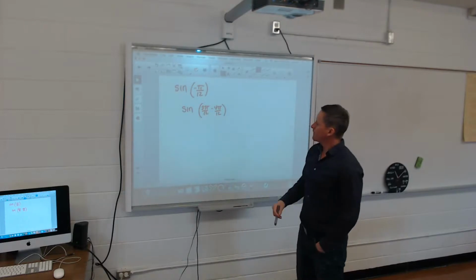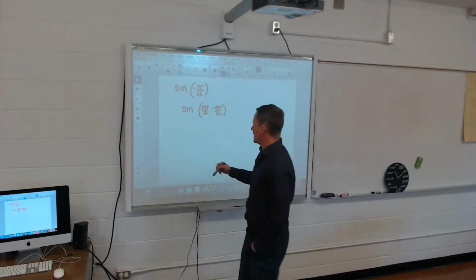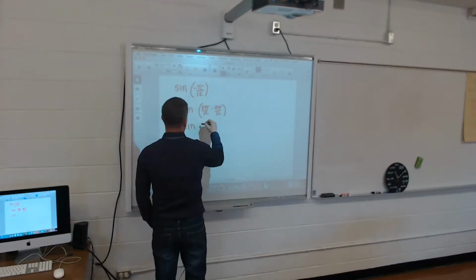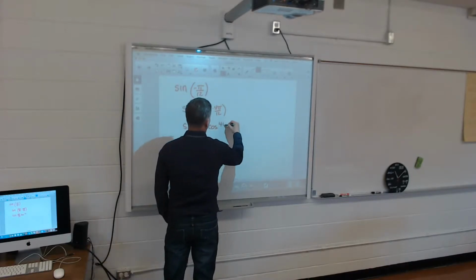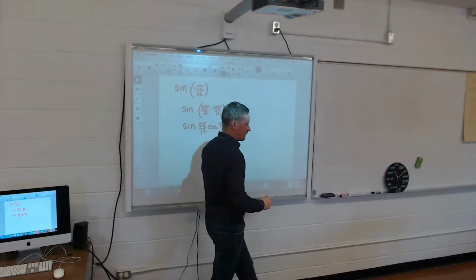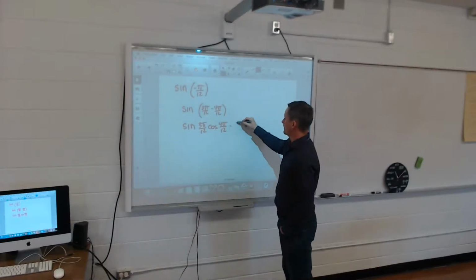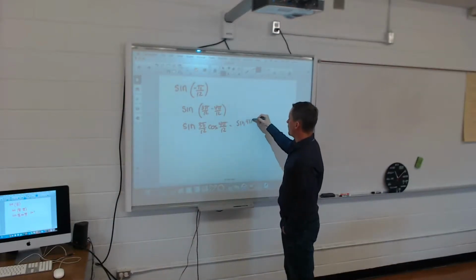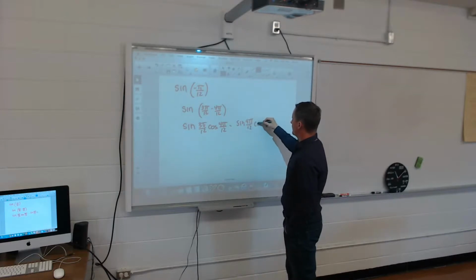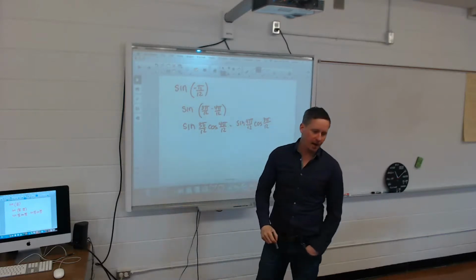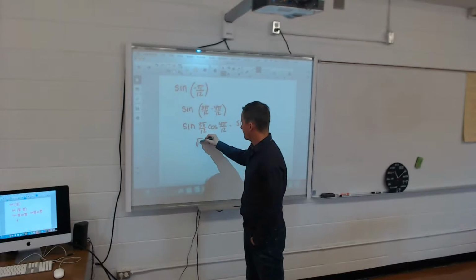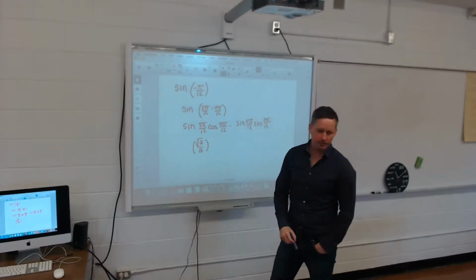So I have negative 3 pi over 12. So what's my identity then? I go sine 3 pi over 12, cos 4 pi over 12, right? Subtract sine 4 pi over 12, cos 3 pi over 12, like that. So the sine of pi over 4 is square root 2 over 2, yeah.